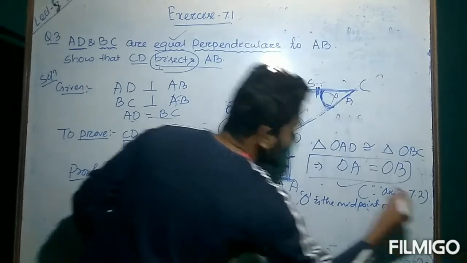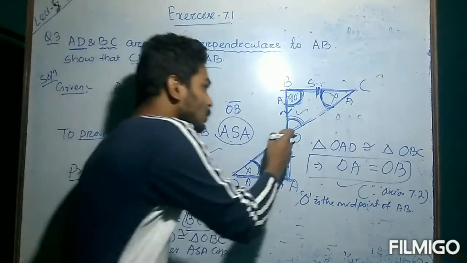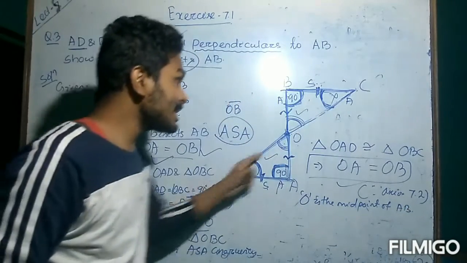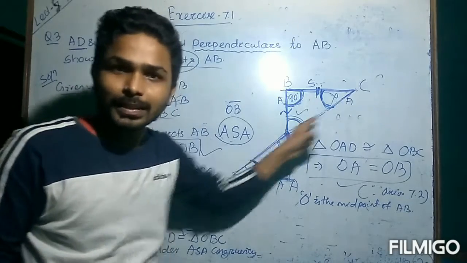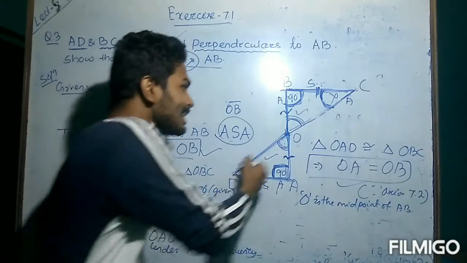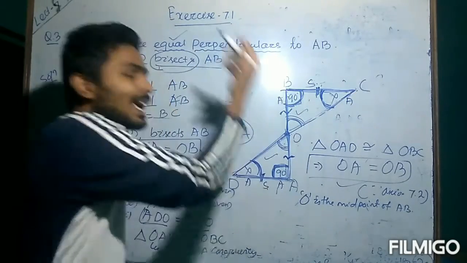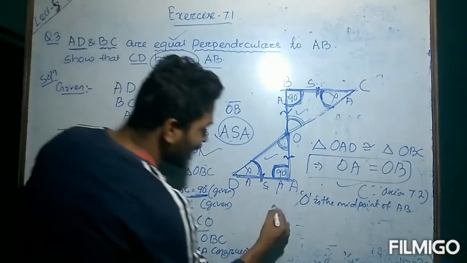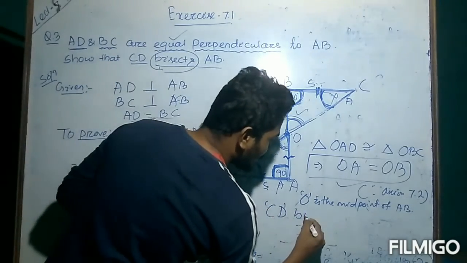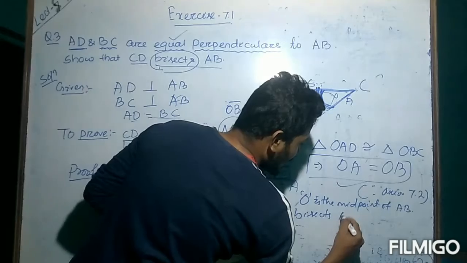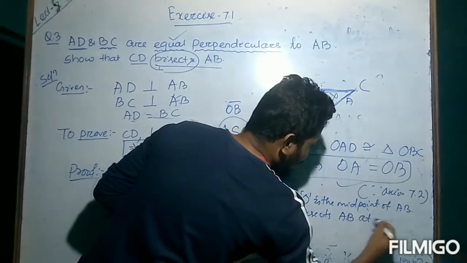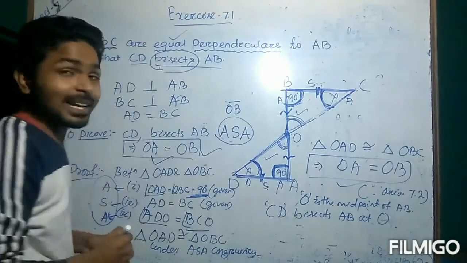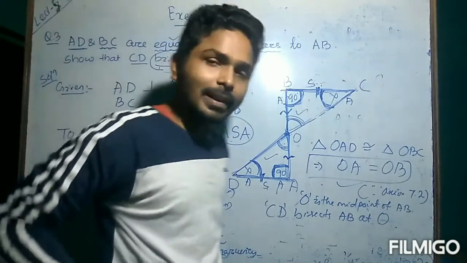And through this point O, CD passes. So you can write, yes, CD bisects AB at O. Now it is understood clearly.